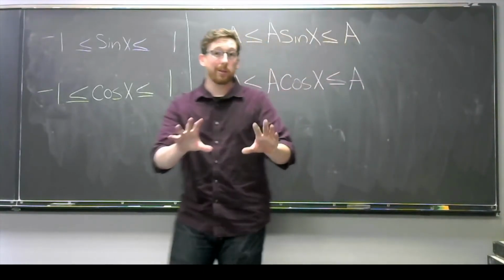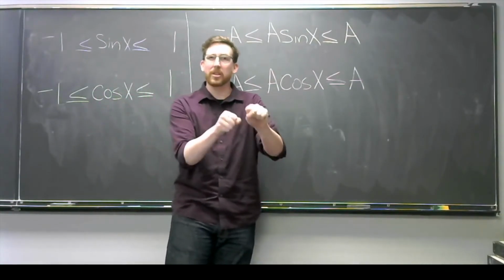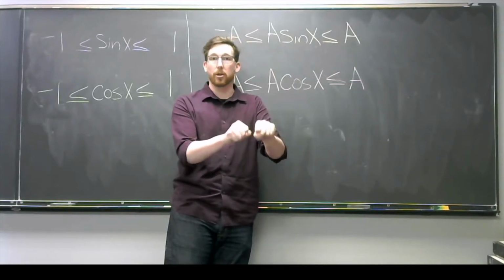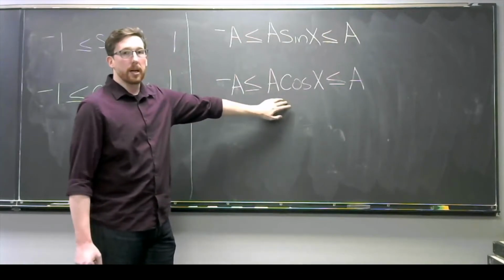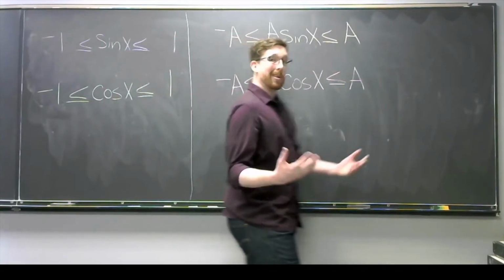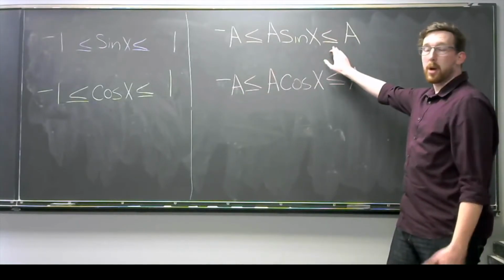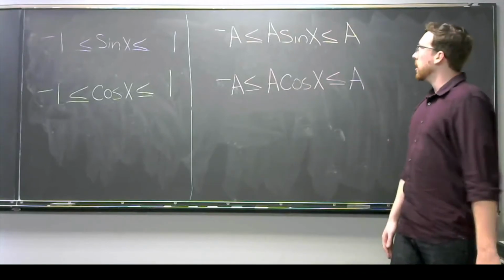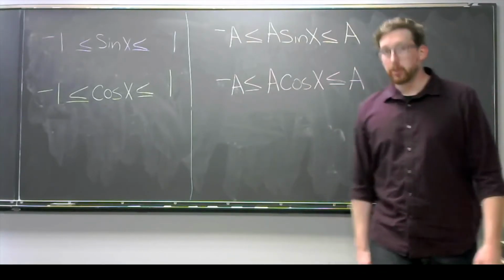Your zeros stay the same, so where you cross that x-axis, those points stay there. But every other point gets multiplied by 2. You move it up by 2. Same thing with cosine. Now, you might be asking yourself, what if we had multiplied by -a? And you just flip it. That's all. It's the same graph, just flipped. Cool. Let's keep carrying.